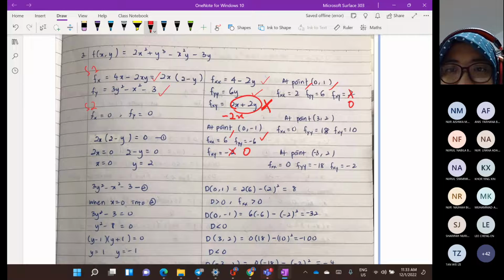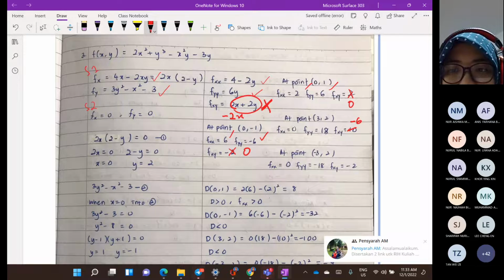Okay, at point 3, 2. At point 3, 2, f x y jadi negative 6, betul? Negative 6. F y y equal to 6.